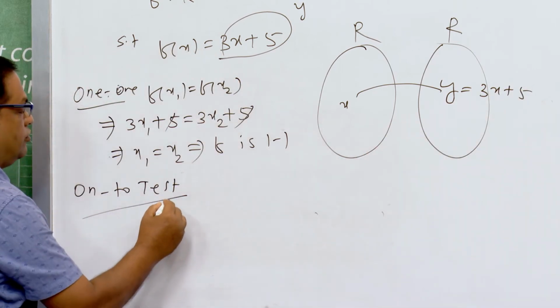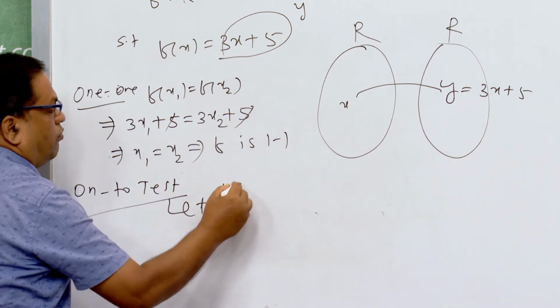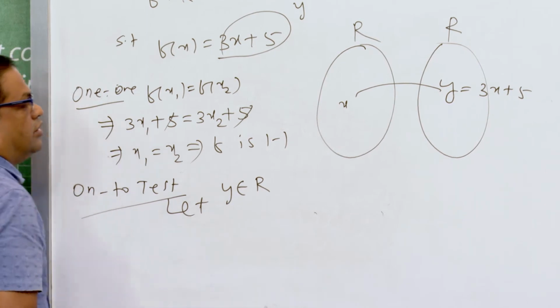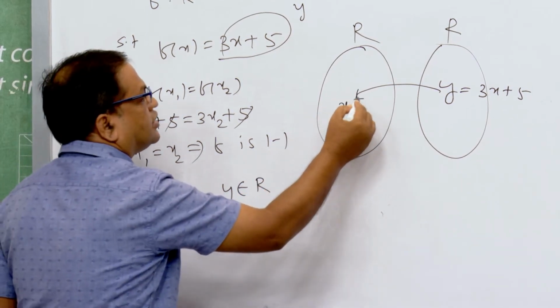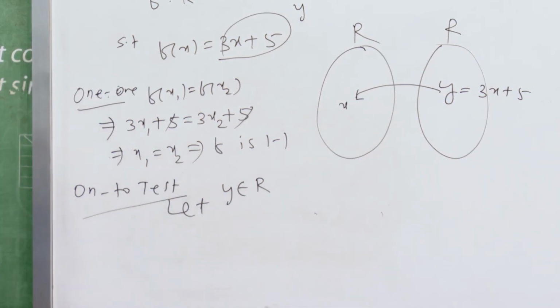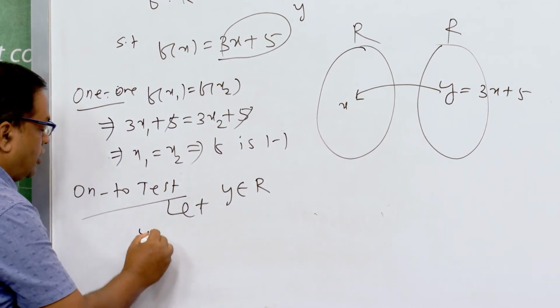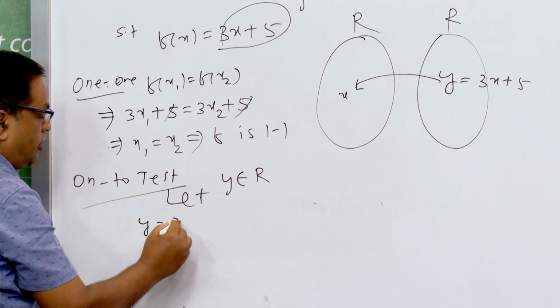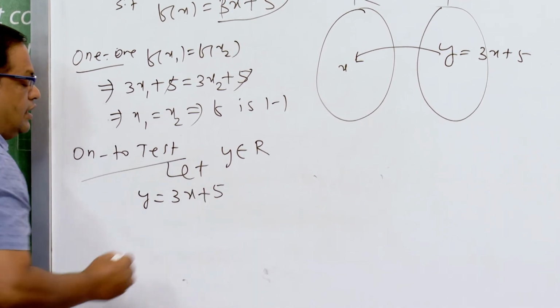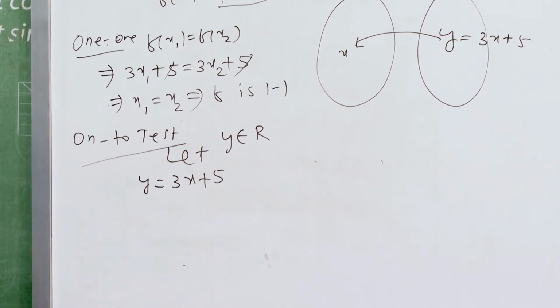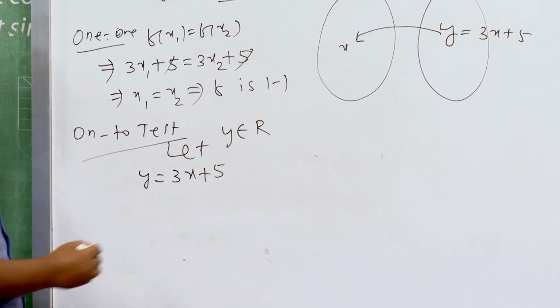So, let y belong to R. For y we have to get x such that f(x) is equal to y. This is the testing for onto. So, what is y? y is 3x plus 5. For the onto test we express x in terms of y.